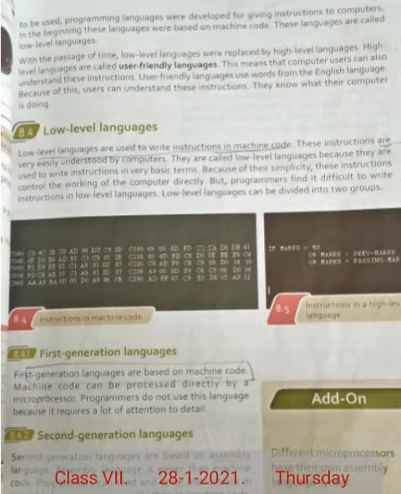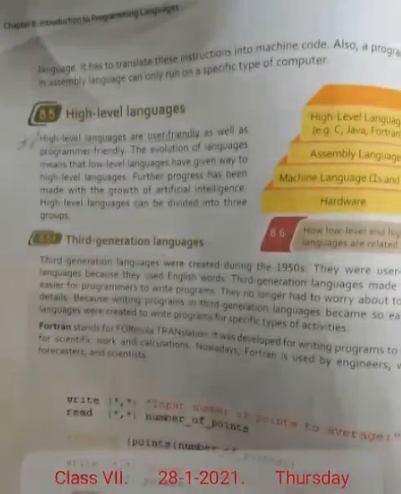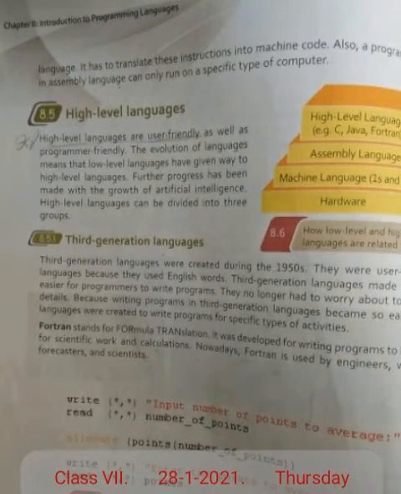Now, after assembly language, the high level generation languages were developed, and these high level languages are mainly used for business applications and calculation purposes, and they are used for scientific research also. The third generation language, fourth generation, and the fifth generation languages, all of them are high level languages.